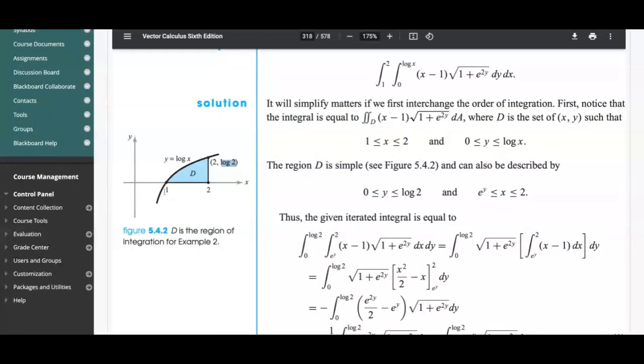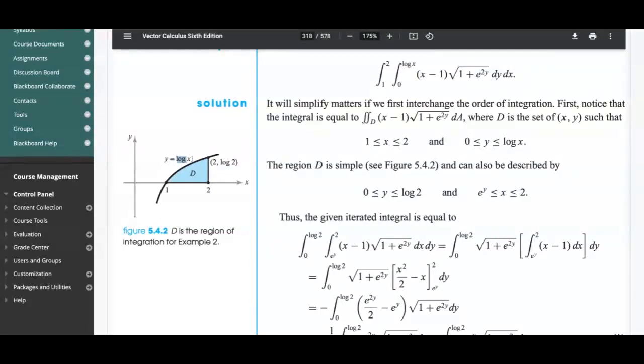Then what about the x value? The x value goes from this function, this graph. What is this graph in the x direction? So y equals log x can be rewritten as x equals e to the y. By the way, a lot of textbooks write ln for log. Okay, this log we can treat as a natural log, ln.